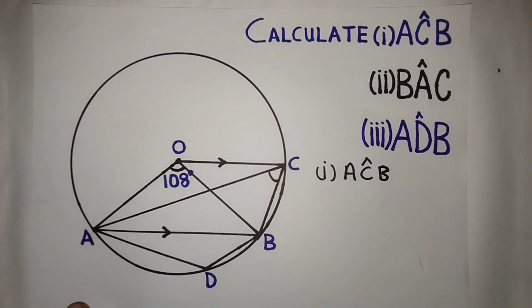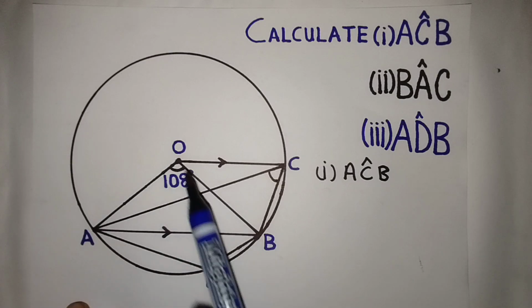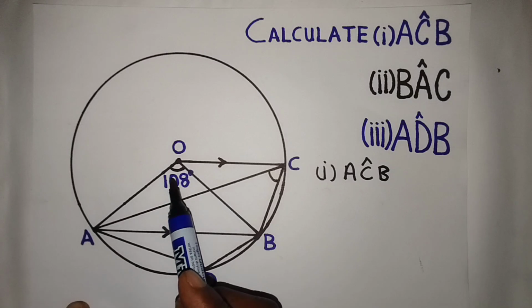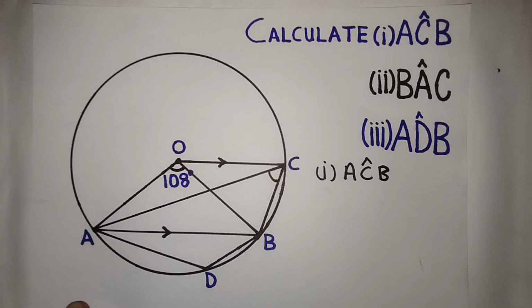If we look closely on our diagram, we can see that the angle ACB is subtended at the circumference by the arc AB, and also that the angle AOB is subtended by the same arc AB at the center of the circle. So they have a relationship of 1:2 because there's a theorem which says angle at center is 2 times angle at the circumference.